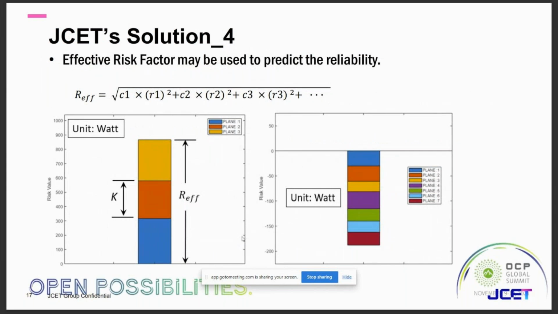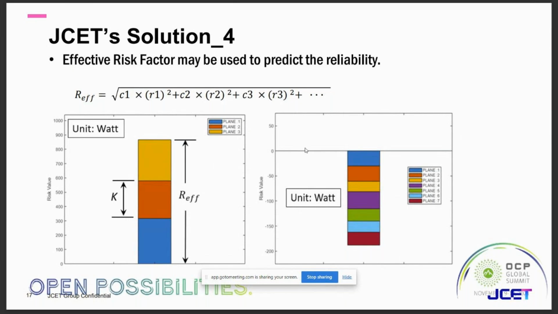But sometimes the circuit designers want to know the effective risk factor. So here I propose just one example. For example, we can use this equation to determine the effective risk factor. This slide gives you 2 examples.